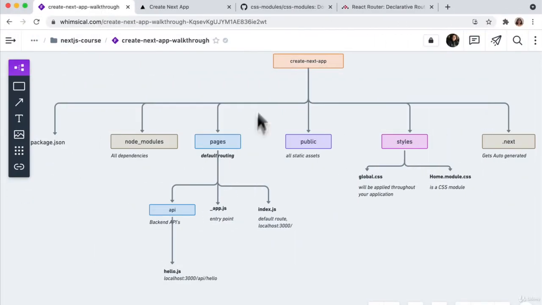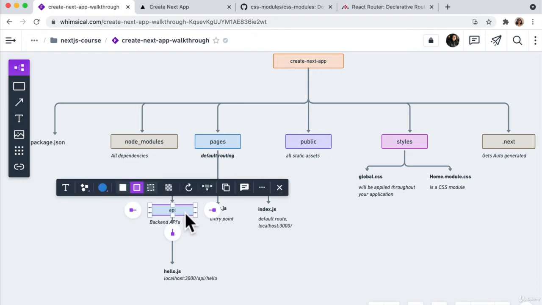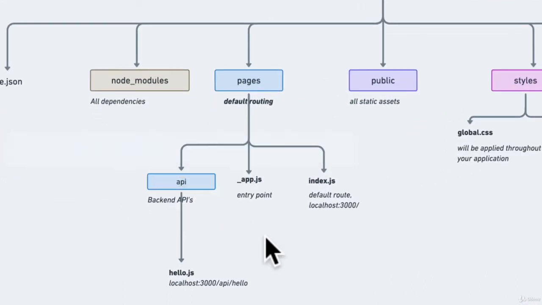All right, going back to the next thing, which is the API folder. Now, Next.js does provide us with an ability to add our backend server-side code alongside our front-end code. It provides a solution to build your API within Next.js within the same project. Now, there is a lot more to it that we will take a look at in a future lesson.